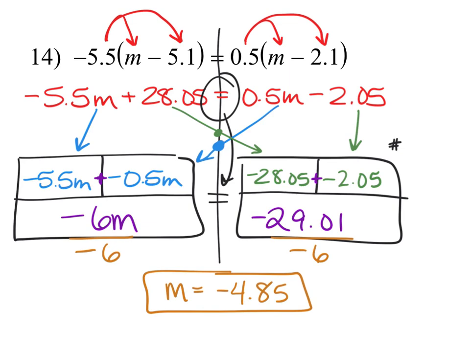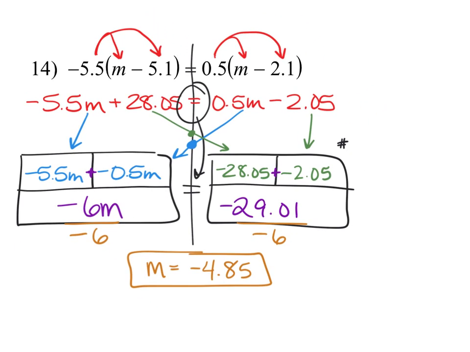So you might notice that some of these numbers look very familiar because the box method is just a visually organized method of the inverse operation. So if we write down our steps here again, we have distribute, which means multiply. We draw our boxes, and we move all the variables to that side, and all of the constants, or just regular numbers, to the right side.